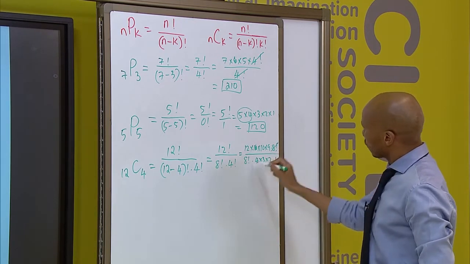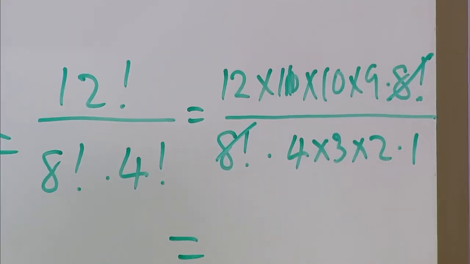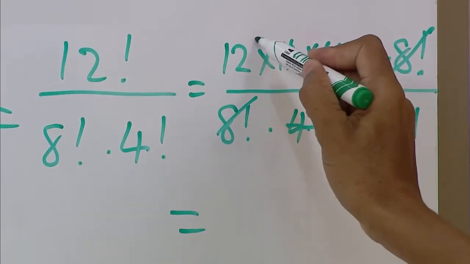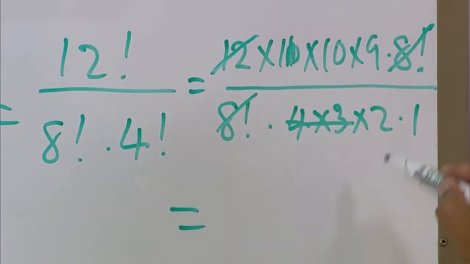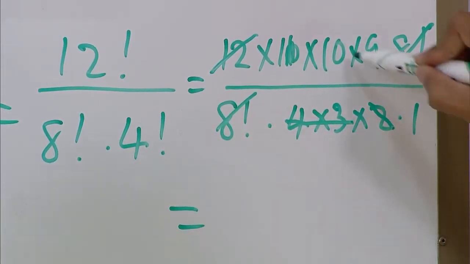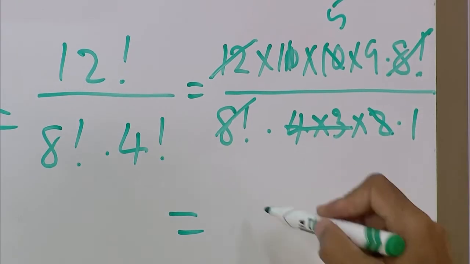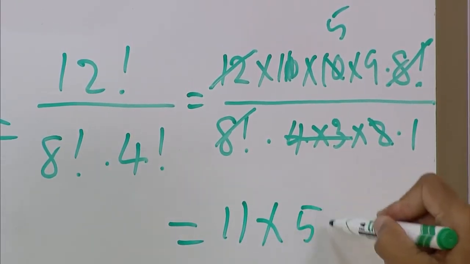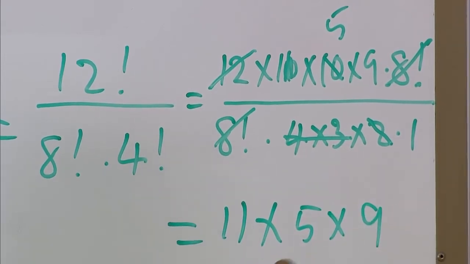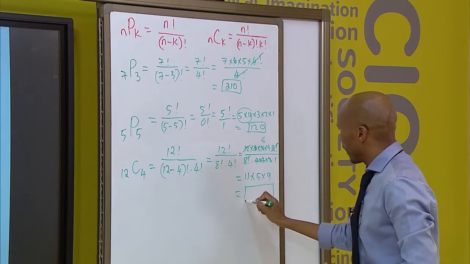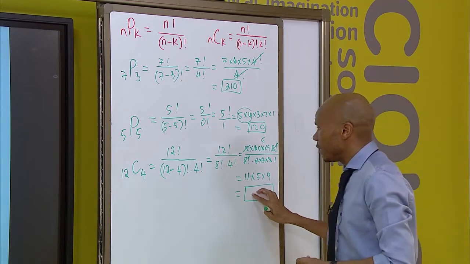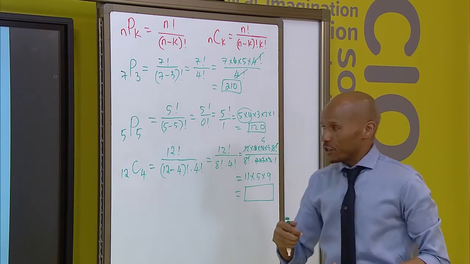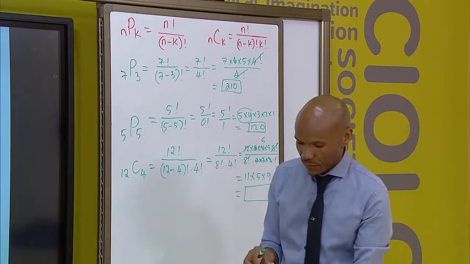This cancels with that. Then 4 times 3 is 12, which cancels with the 12 on top. So you are left with 2 there, and that is 5. So that will be 11 times 5 times 9. And the answer that you get will be your combinations.